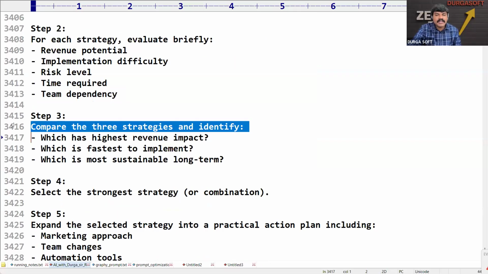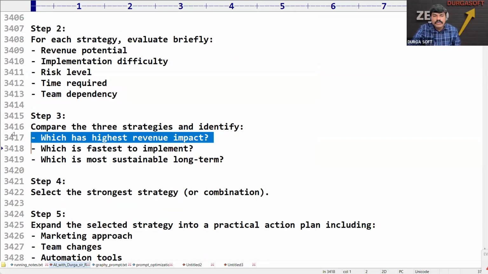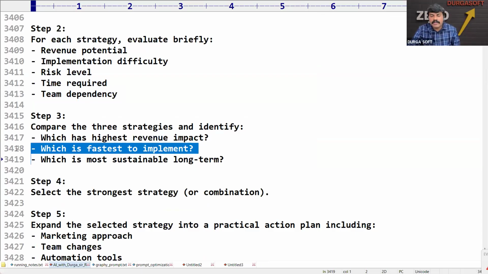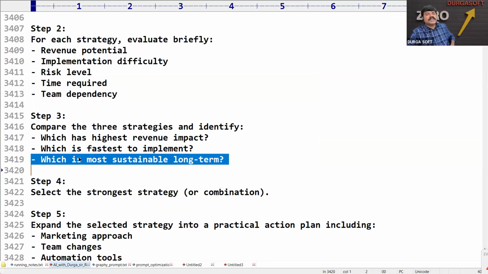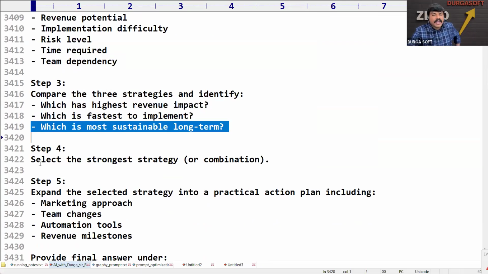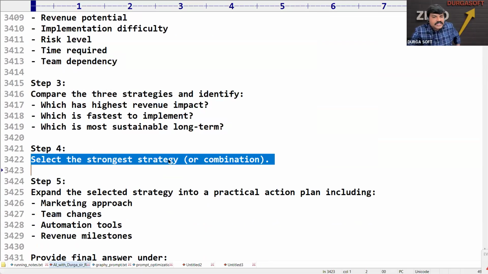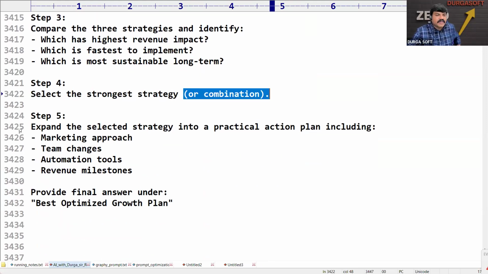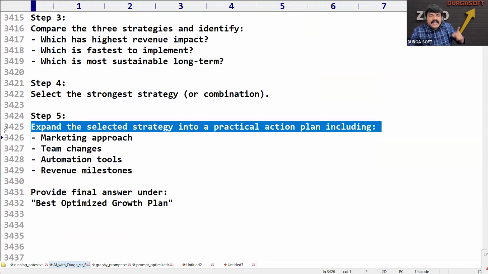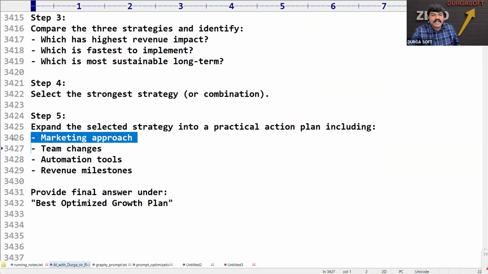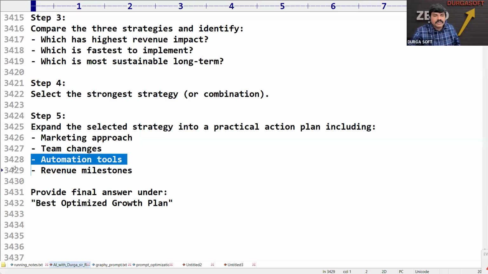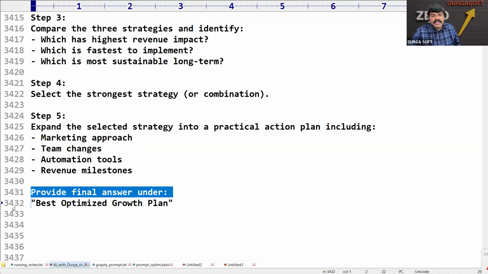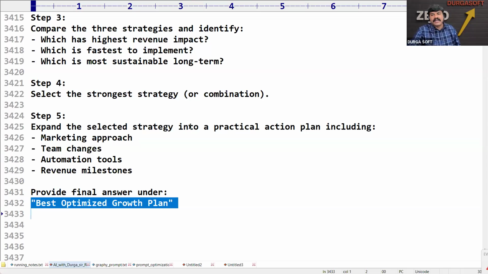Next, compare these 3 strategies and identify which has the highest revenue impact, which is fastest to implement, and which is the most sustainable long term. Select the strongest strategy, or a combination if required. Next, expand the selected strategy into a practical action plan, including marketing approach, team changes, automation tools, and revenue milestones. Provide the final answer, the best optimized growth plan.